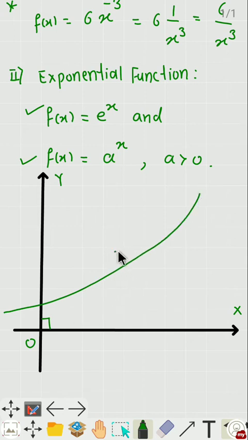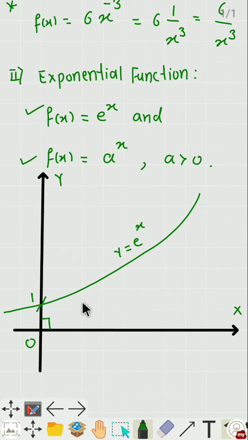This is y equal to e raised to the power x, and it crosses the y-axis at the point where, when the value of x is 0, the value of function y is 1.